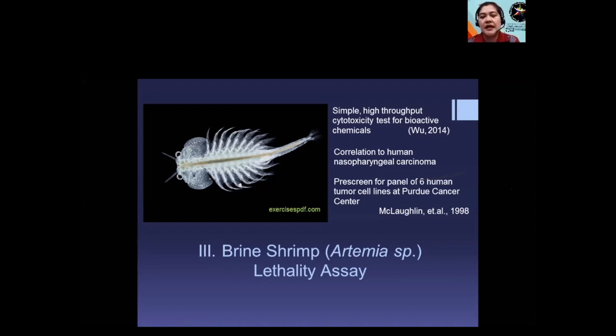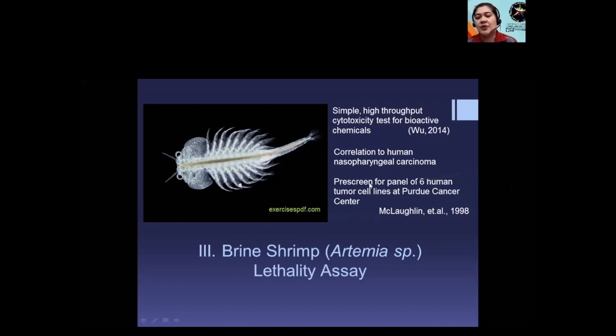And in this case, ang ating cell types would be carcinoma cells or cancer cells. Okay? Now, you would see that in Purdue's Cancer Center, ito na po ang talagang ginagamit nila as pre-screen for 6 human tumor cell lines. Ibig sabihin kung pre-screen, yan yung pinakaunang screening system na gagamitin nila.